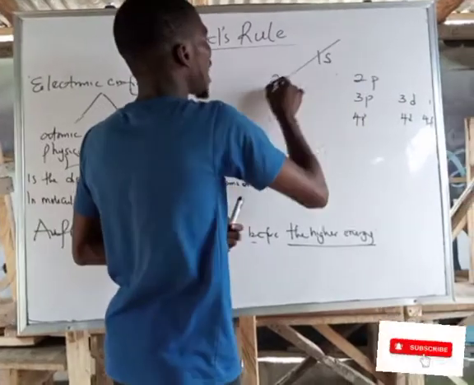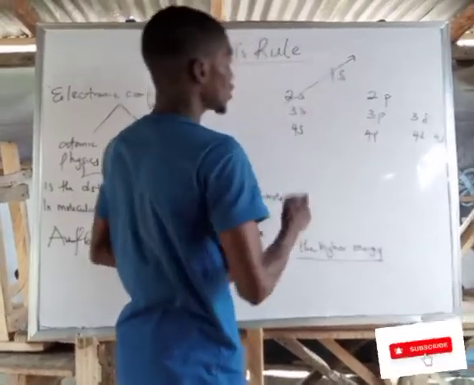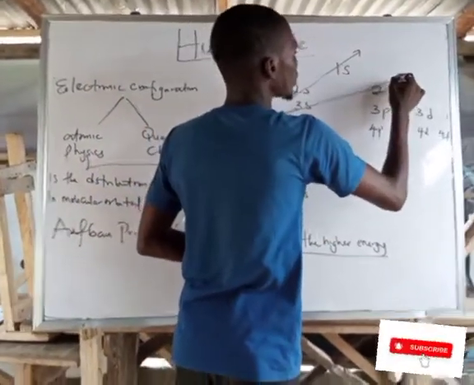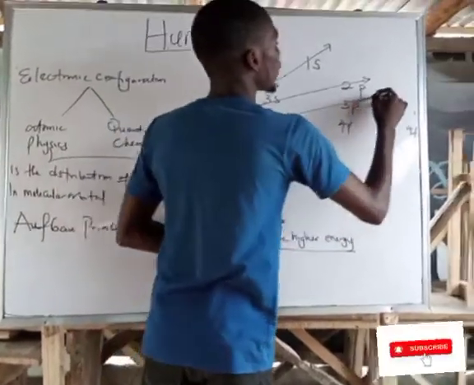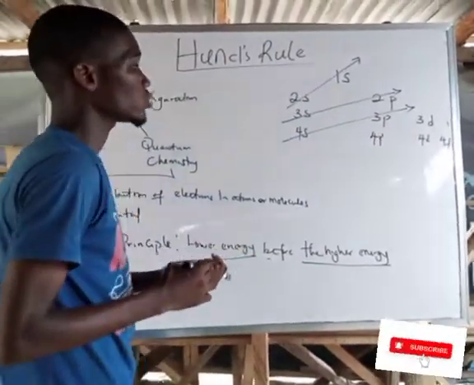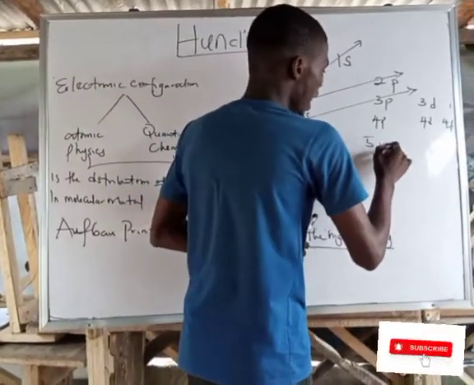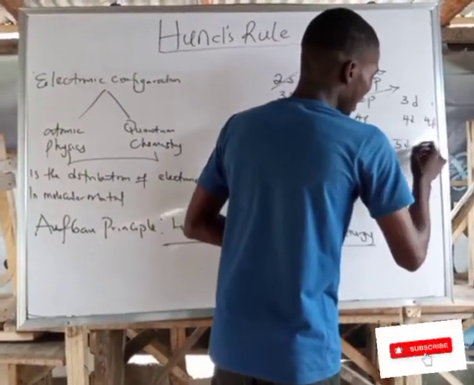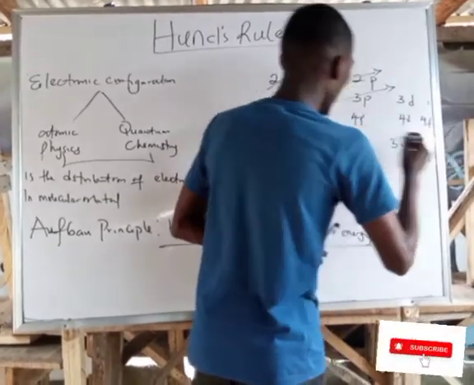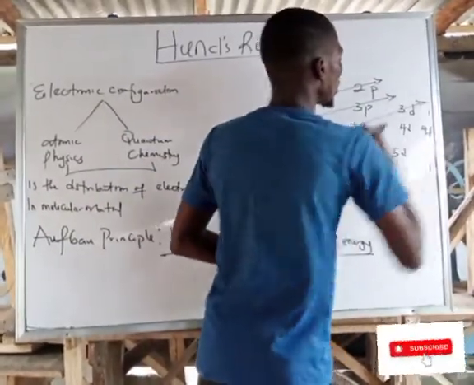So we have this arrow, and we also have what we call the 5s, 5p, 5d, and 5f. So this arrow goes like this.